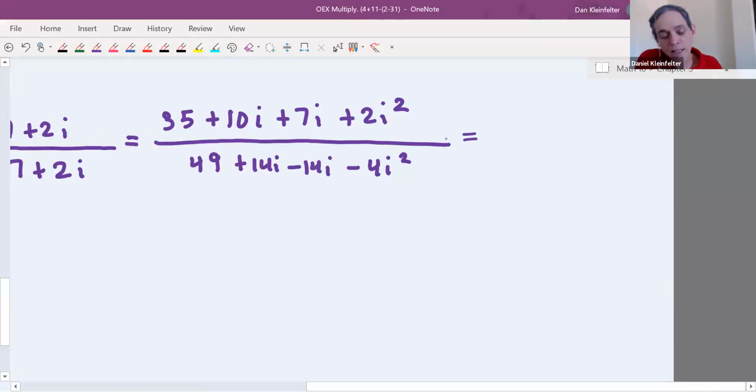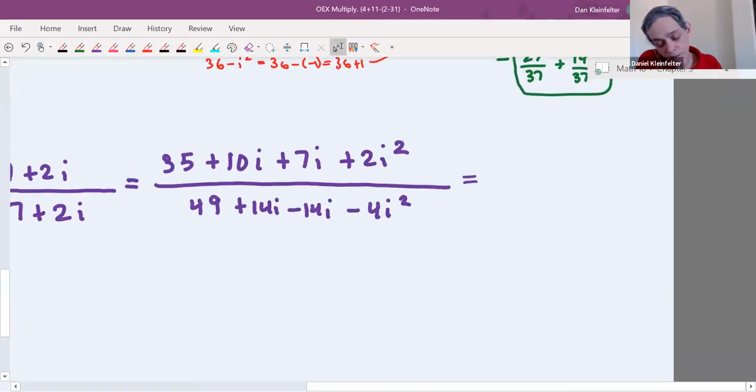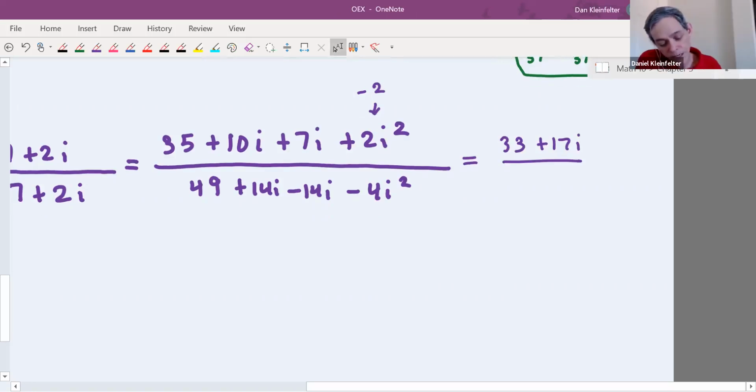All right, so now let's clean up this top part. 35 plus 2i squared. That 2i squared is going to end up being a negative 2 because the i squared is negative 1. 35 minus 2 is 33. And then we'll have 17i. All right, down below, our minus 4i squared, that's negative 4 times negative 1.